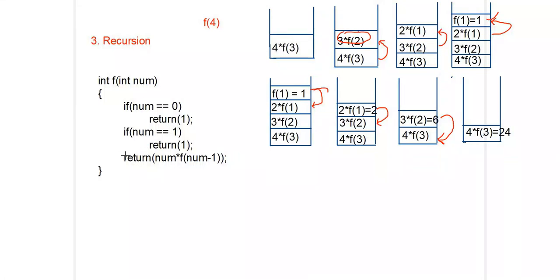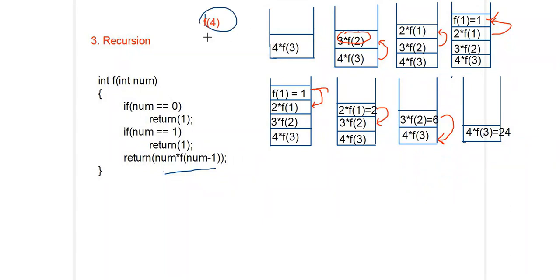Both are base cases. And this is the exact solution of this factorial problem: num into factorial function of num minus 1. We are writing the solution in terms of the given problem. That is the recursion.